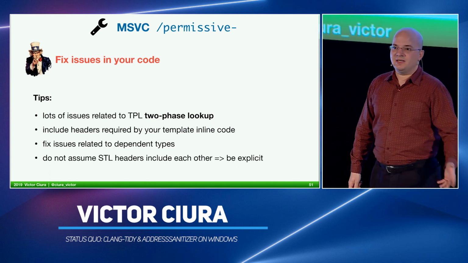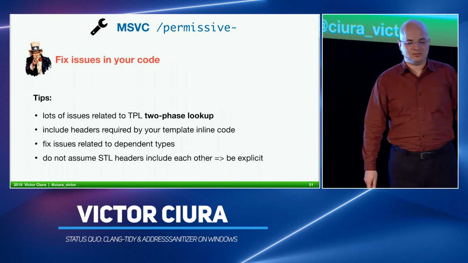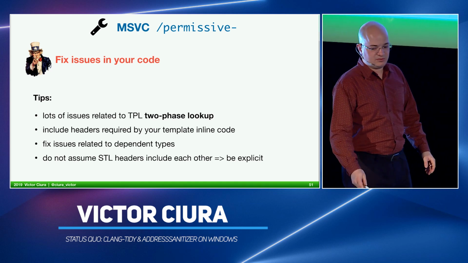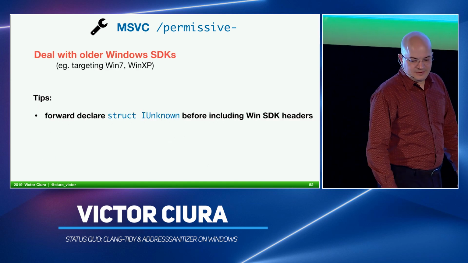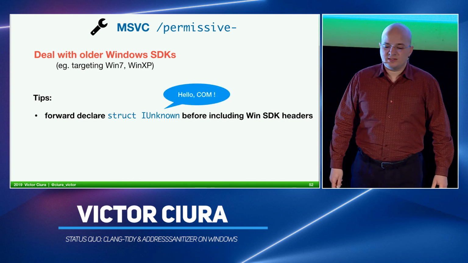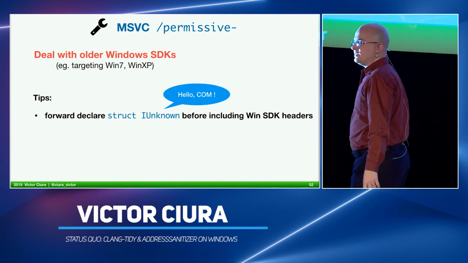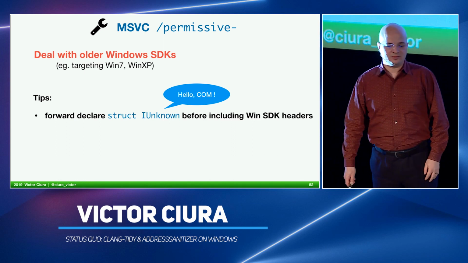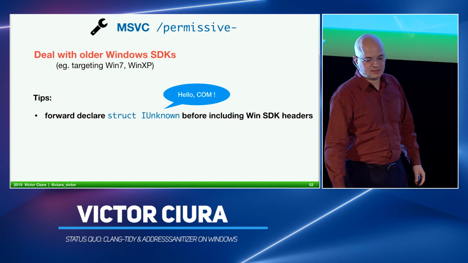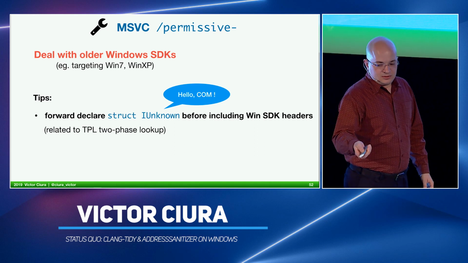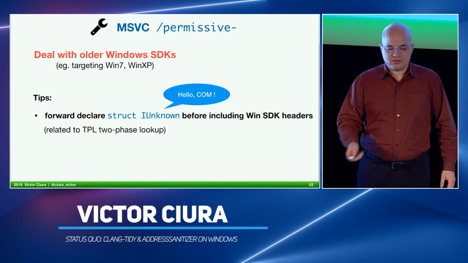Do not assume STL headers include each other. So you'll have to be very explicit when requesting STL headers. For COM programmers, you might need to do some forward declaration for the IUnknown interface before including any Windows SDK headers, especially for the older SDK versions.